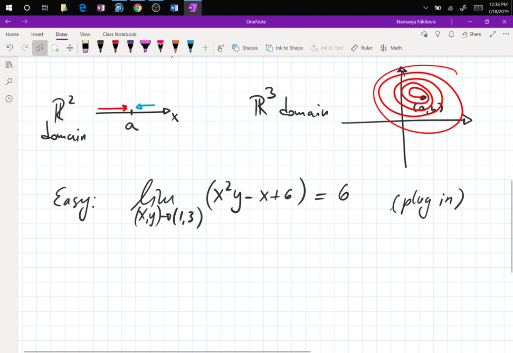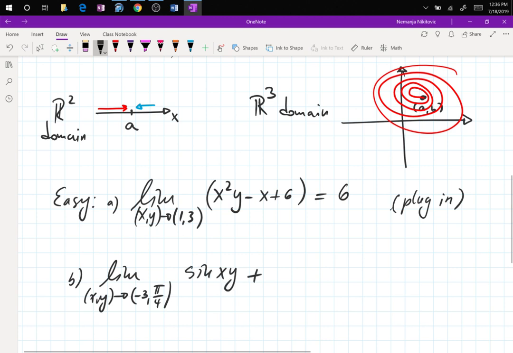Another easy one, so let's say this is problem A. Problem B, the limit as (x, y) goes to (negative 3, pi over 4) of sine of xy plus x squared, for instance.